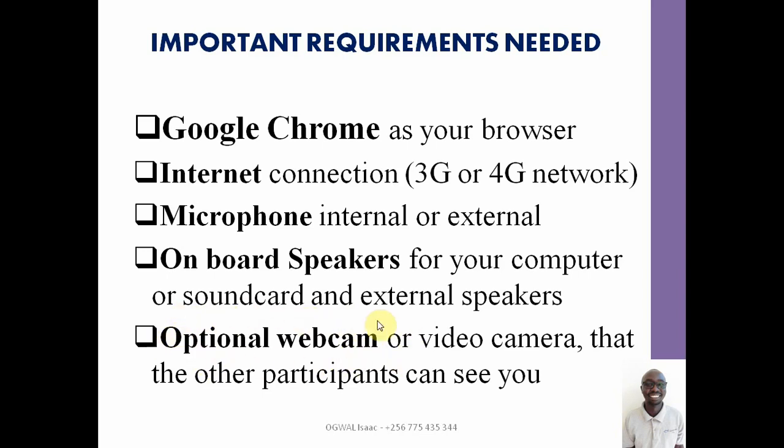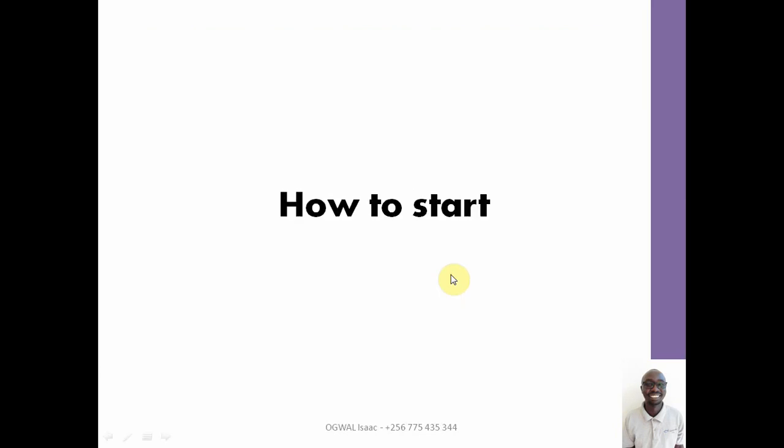This webcam can help you to see your other participants as you continue with this video conference. Then, having known all these important requirements, we now need to know how to start this video conference.